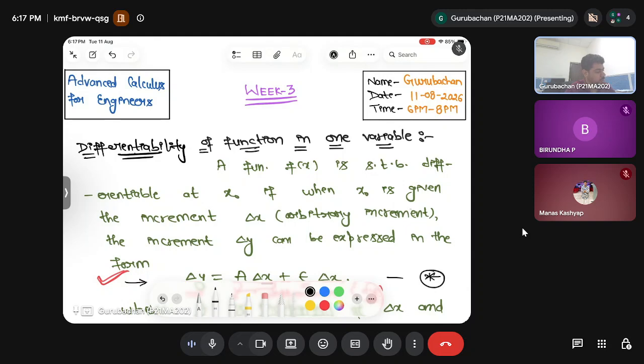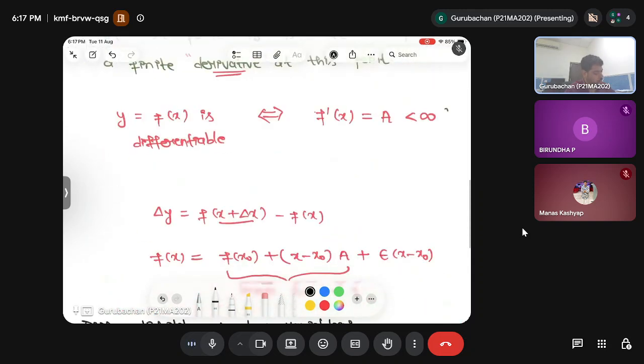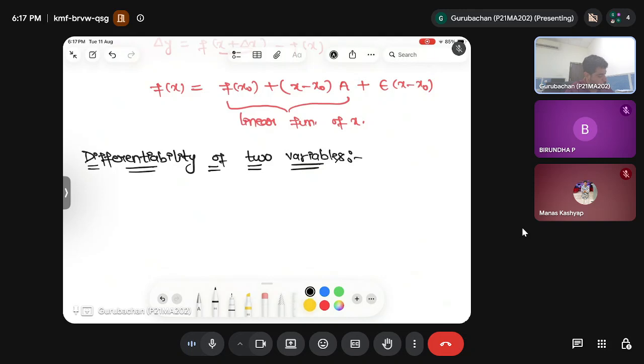This was differentiability of a function in one variable, and now we are going to discuss differentiability of functions of two variables.